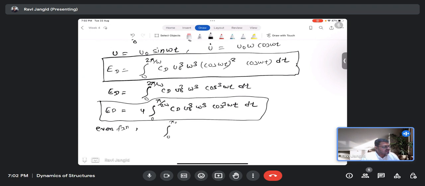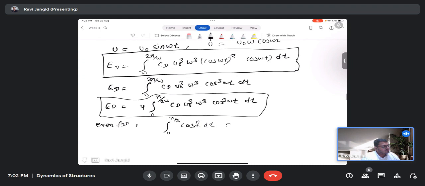If I have the integral from 0 to pi by 2 of cos t power n dt, then if n is odd, the solution is (n minus 1)(n minus 3)(n minus 5) and so on, divided by n(n minus 2)(n minus 4) and so on.